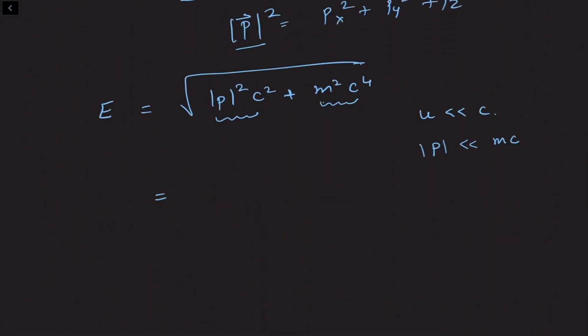You can show again via the binomial expansion that this is mc squared plus p squared by 2m minus 1/8 p to the 4 by m cubed c squared, and so on.